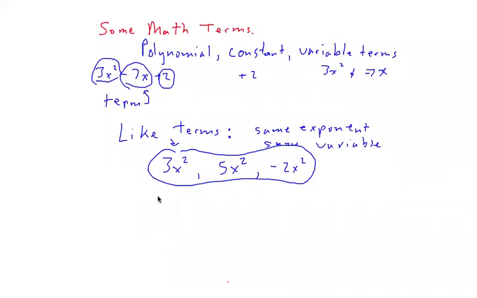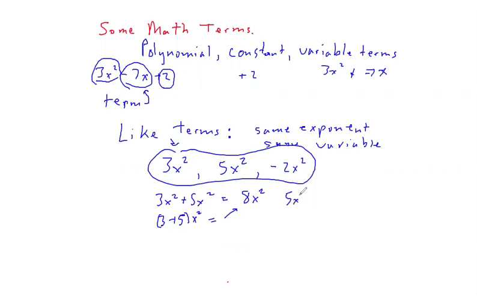I can add like terms together. So if I have 3x squared plus 5x squared, I think to myself, 3 x squareds plus 5 x squareds is 8x squareds. Or you could factor out the x squared, bring the 3 plus 5 with the x squared on the outside, which again gets you 8x squared.